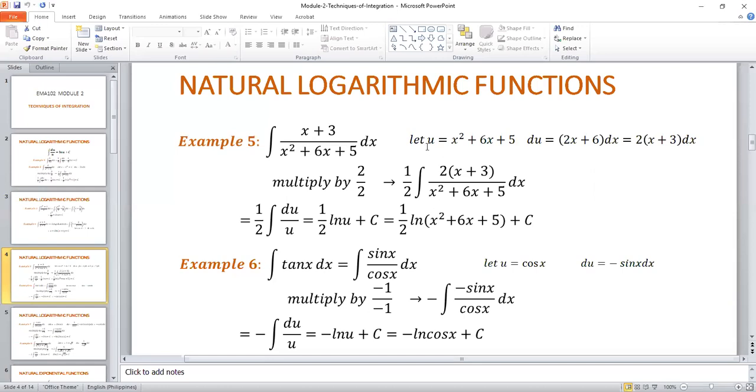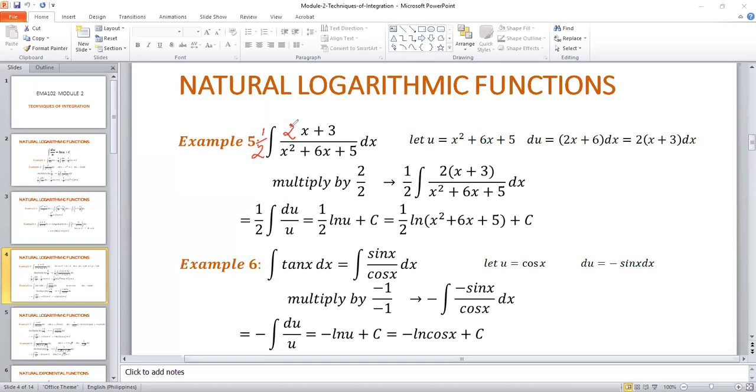If you set the u as x squared plus 6x plus 5, meaning this entire denominator here is the u, what is its derivative? It's 2x plus 6. Okay? 2x plus 6 dx. You can factor out the 2. That would be x plus 3 times 2. This one is still equivalent to 2x plus 6. Now, since you only have x plus 3 here, you can introduce the 2 in here, and you place here 1/2 outside.